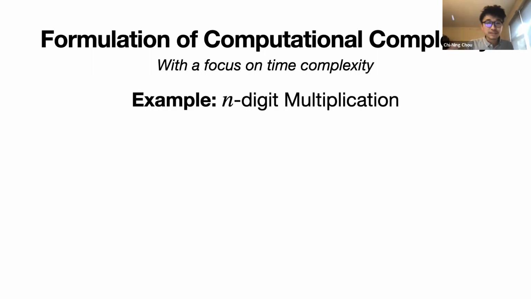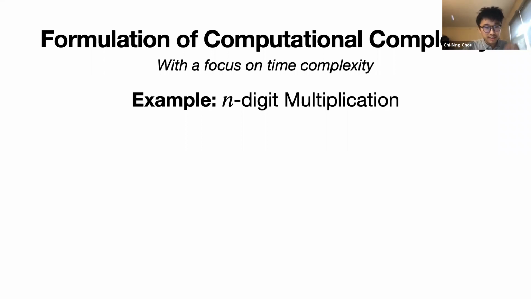The example is to think about the computational problem of multiplying two n-digit integers. How can we model how difficult it is, or how much time we need, to solve this abstract computational problem?